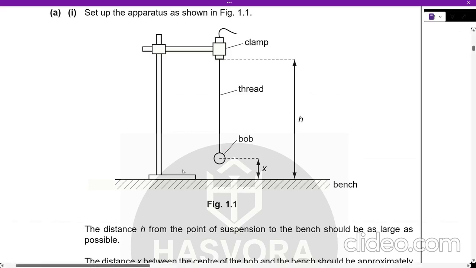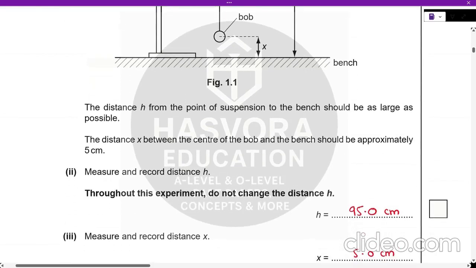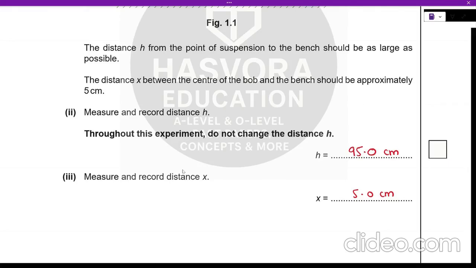Now they are telling us that the distance h from the point of suspension to the bench should be as large as possible. The distance x between the center of the bob and the bench should be approximately 5 centimeter. Measure and record distance h. Throughout the experiment, do not change the distance h. So we have measured it as 95.0 centimeter.